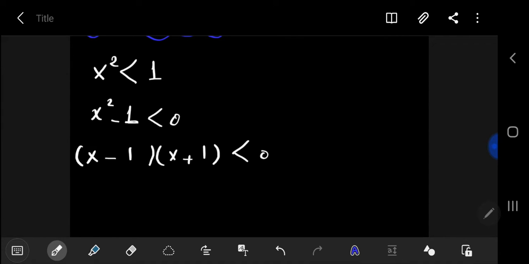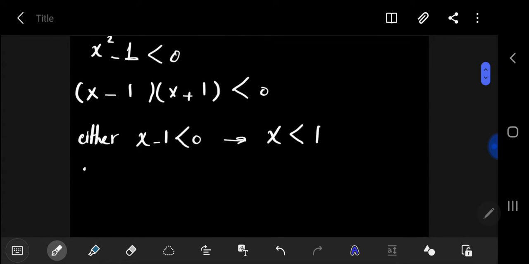So I will say either x minus 1 smaller than 0, that means x smaller than 1, or x plus 1 smaller than 0, that means x smaller than minus 1.